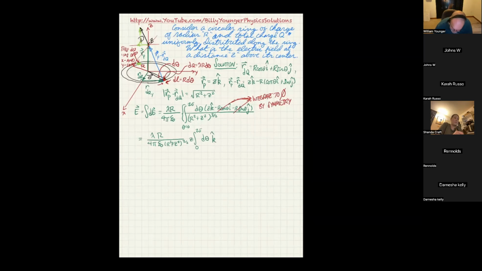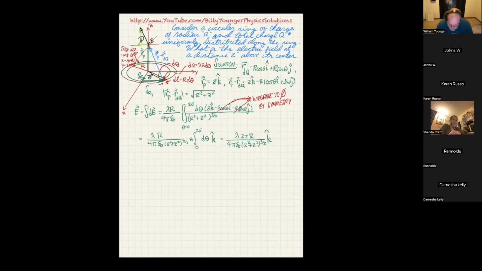Okay. So when I do that, what I end up getting is lambda times 2 pi r. I'll leave the k hat to put next to it. All that divided by 4 pi epsilon naught r squared plus z squared to the 3/2, and all that in the k hat direction.